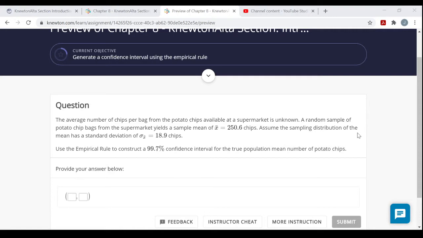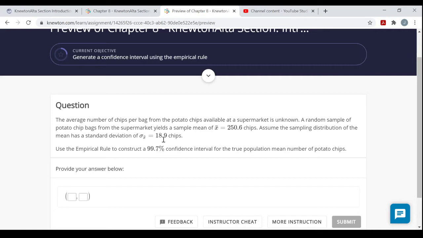Assume the sampling distribution of the mean has a standard deviation, sigma x bar. Remember, this is the standard deviation of the sample means for samples of whatever size was taken when they took this random sample of potato chip bags. This is the standard deviation for the sample means of all samples of that size.